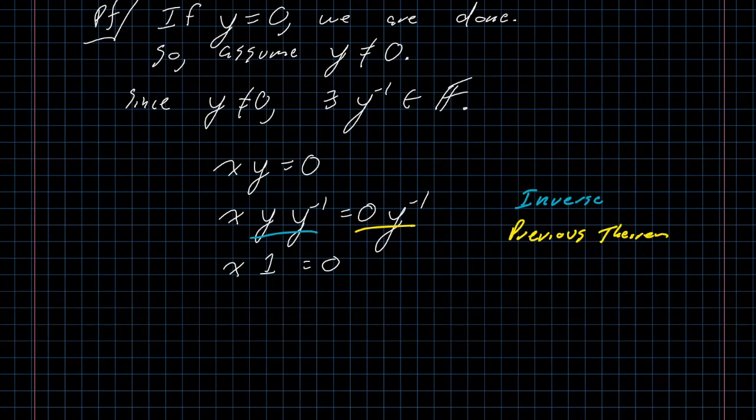And then finally, if you multiply anything times 1, you get that thing back. So we've established that if the second thing is not 0, the first thing has to be 0. And whether the first thing is 0 or not, the second thing can be 0.